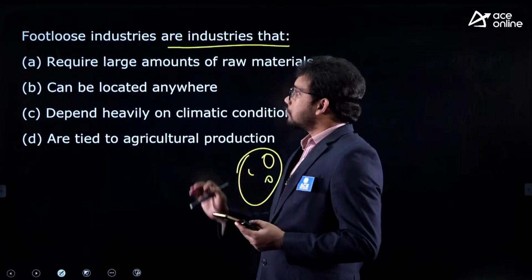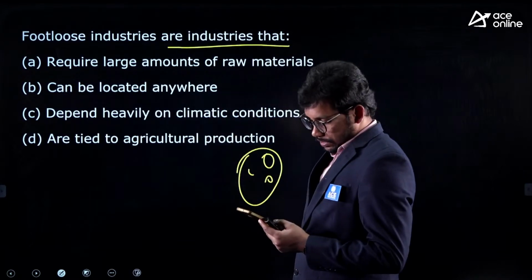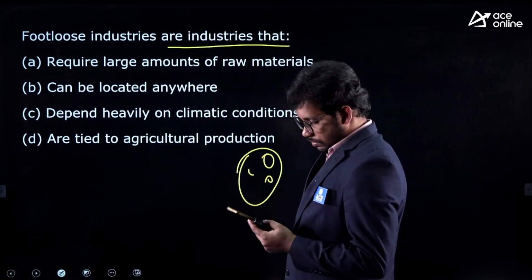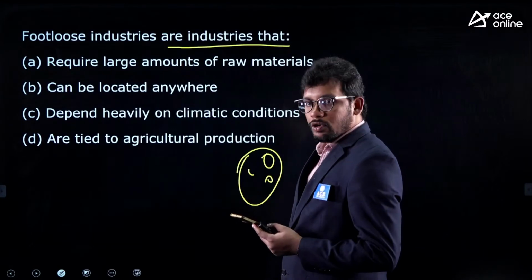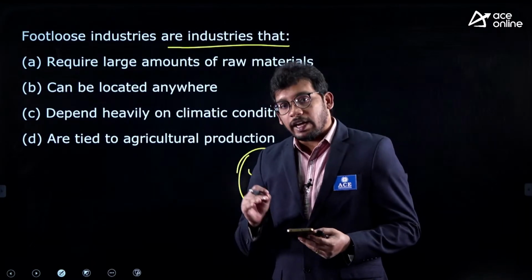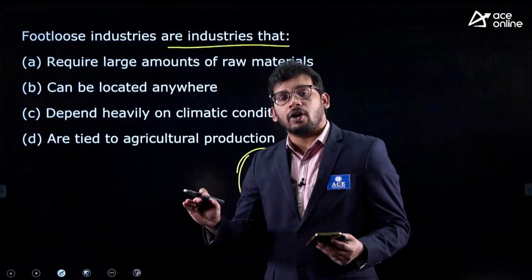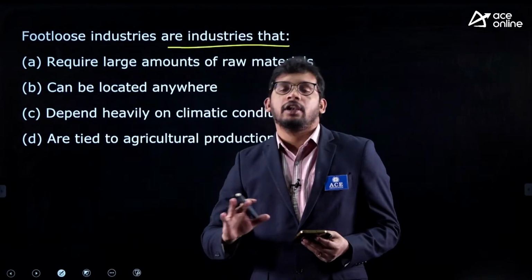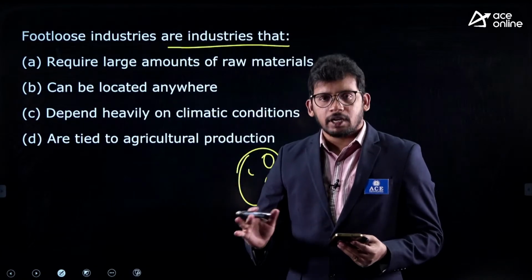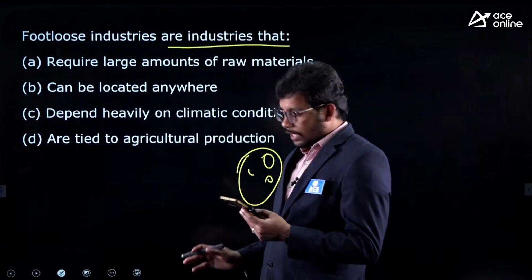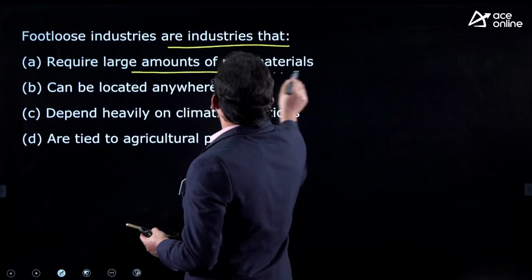Now, what are footloose industries? These are industries that do not depend directly on factors like raw material, labor, capital. They can be placed anywhere. So: it requires a large amount of raw material?